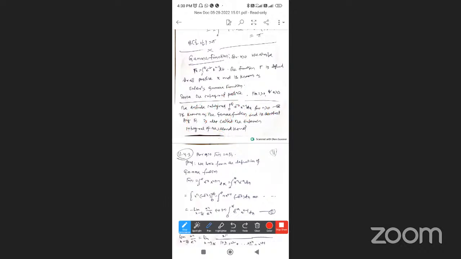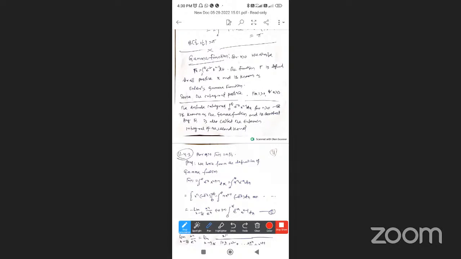So gamma n is also a function. What is gamma n? The gamma function is defined for all positive values of x.